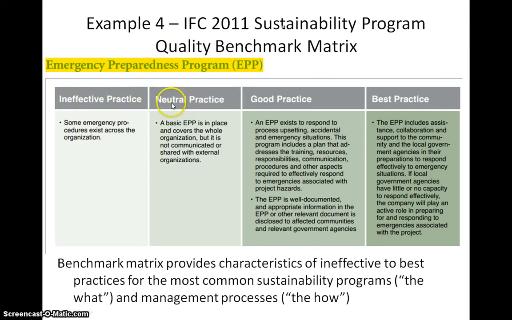From ineffective, neutral, good, and best. So the ineffective practice for the emergency preparedness is you only have some procedure, but it's not well communicated, and it's really a low priority in the organization.